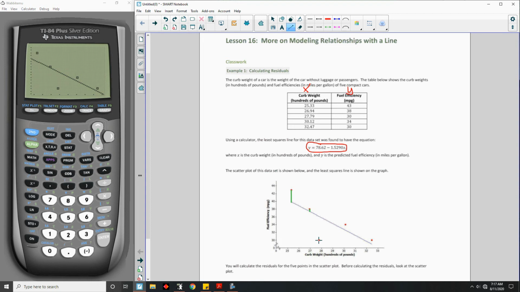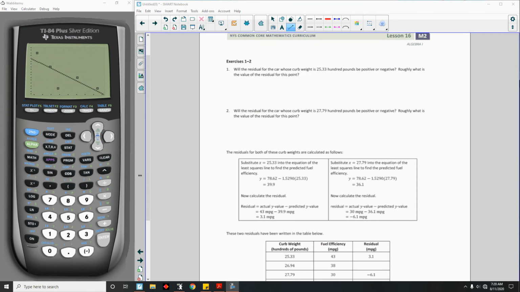And the little green distances I'm drawing here are your lengths of residual. If the dot is below the line, your residual is negative, and if the dot's above, your residual is positive. Okay, so we're going to take and find the lengths of all these points. That's what it means to calculate the residuals.